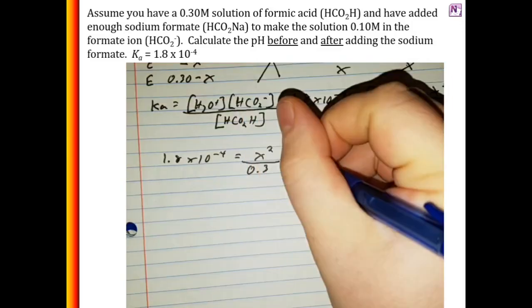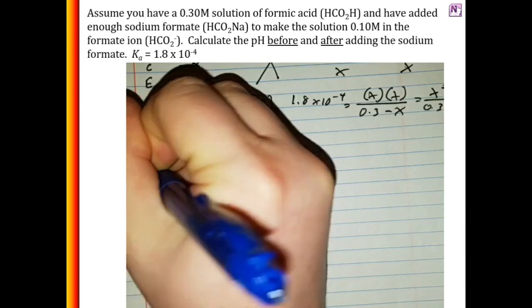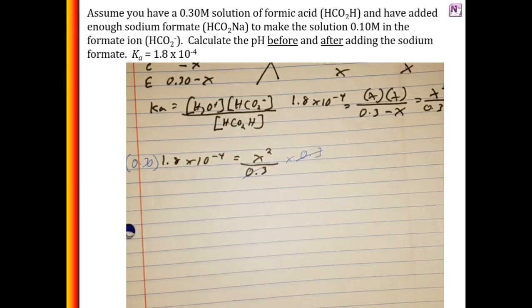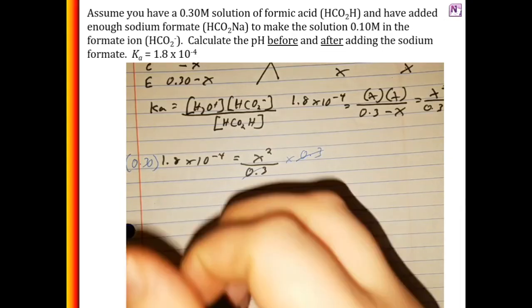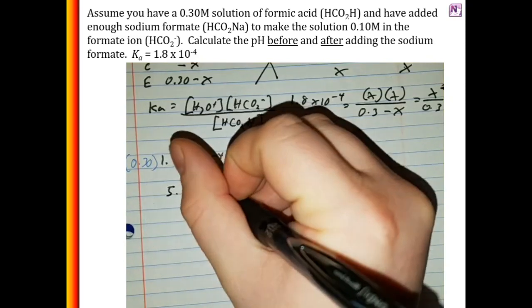So these two will cancel, times 0.30. Okay, so if I do that math, I end up with 5.4 times 10 to the minus 5 is equal to X squared.